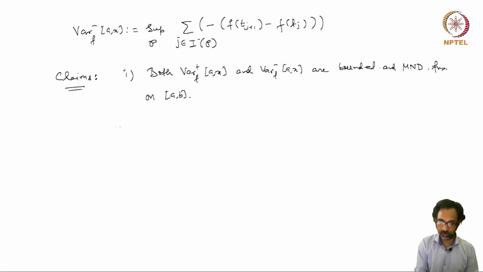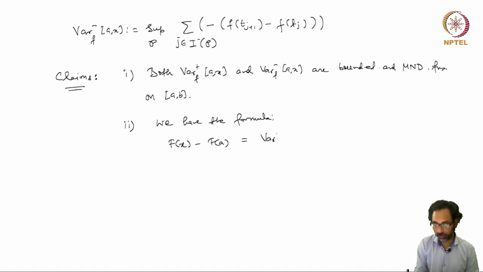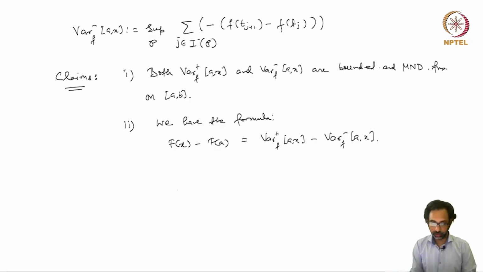And the second claim is that we have the formula f(x) minus f(a) is equal to Var plus f [a,x] minus Var minus f [a,x]. So here, this is small f.